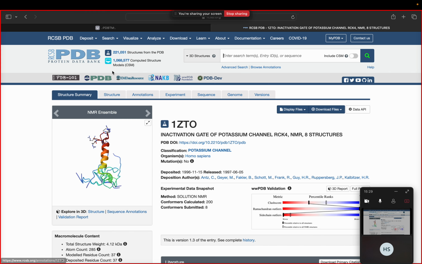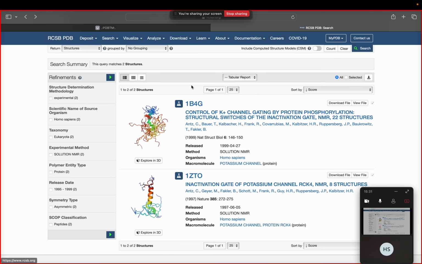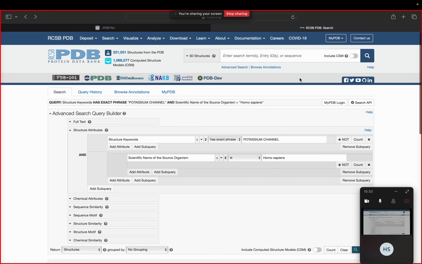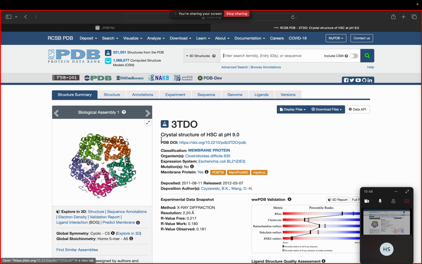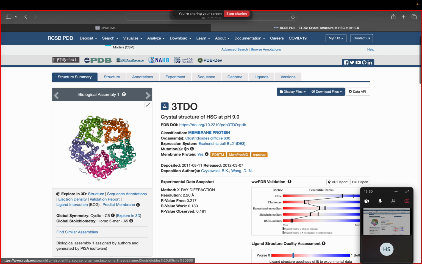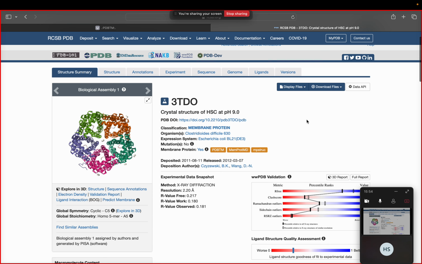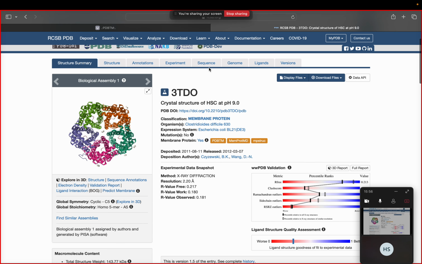Or we can have, for example, let's see if we can see this one. Yeah, see, it's a protein. It is a membrane protein, right? We'll see the sequence.